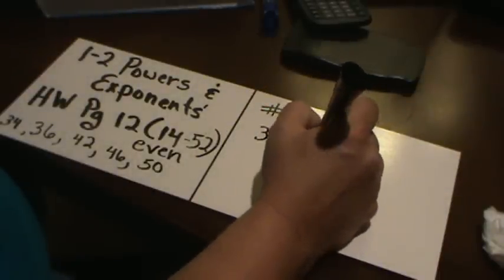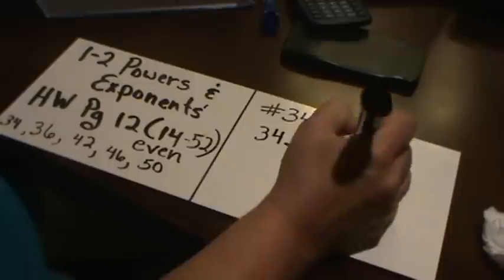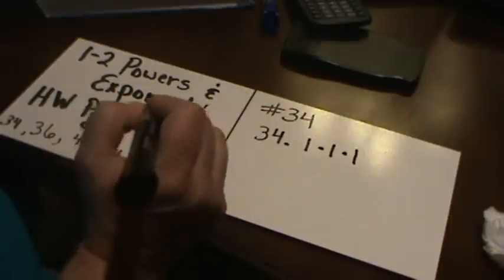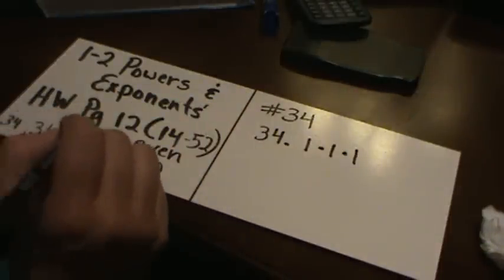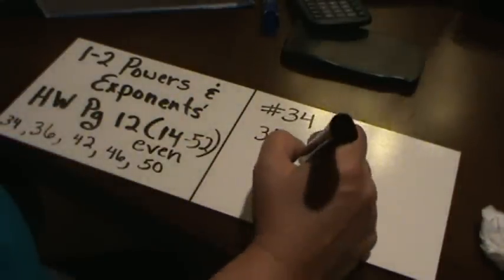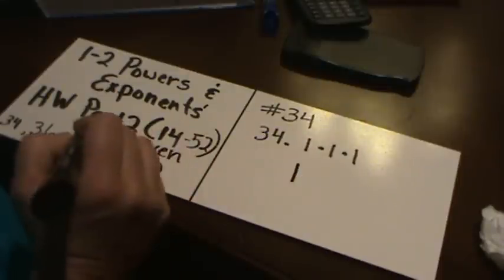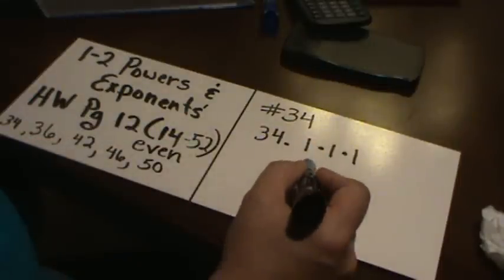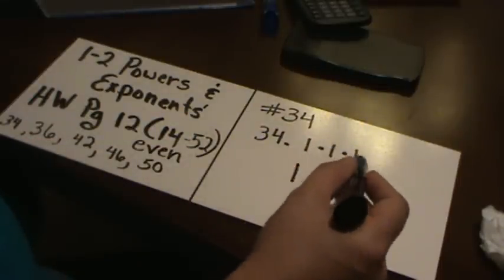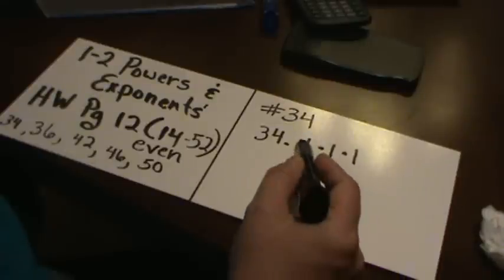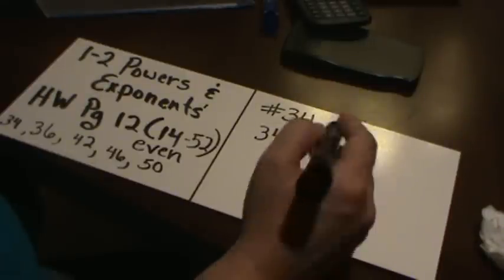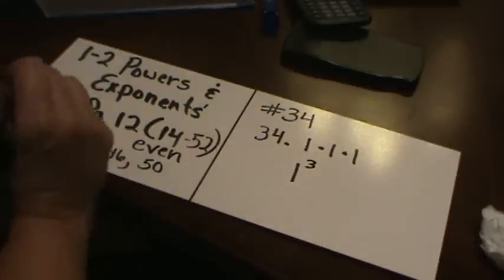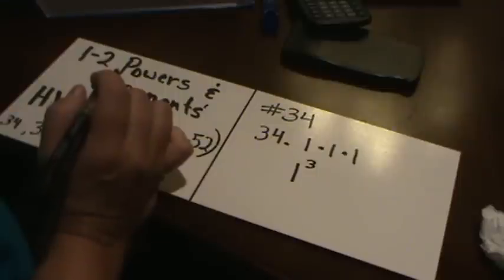It's got 1 times 1 times 1. Well, if I want to write 1 times 1 times 1 in exponential form, I would make my base a 1, and then I would make my exponent however many times I multiply by 1. Here it would be 1, 2, and 3. So my exponent would be a 3.